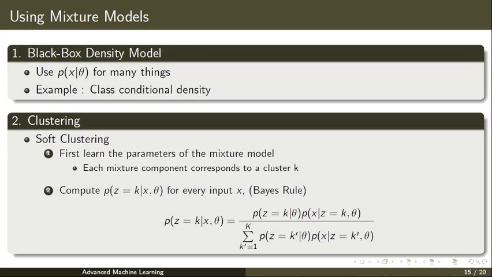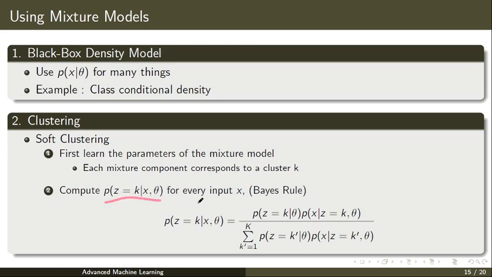X is your visible data, and from X you should be able to identify your Z and theta. Once you have learned the parameters, theta and Z, you should be able to apply Bayes rule.